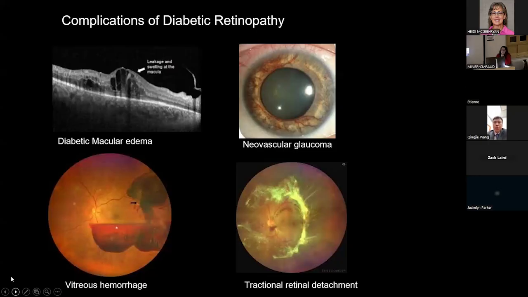Abnormal blood vessels developed within the iris can increase the risk of neovascular glaucoma. They can have hyphema. And for those patients, if you put a gonioscopy lens and look at the angle, sometimes you may identify neovascularization of the angle, which is another indication for treatment.